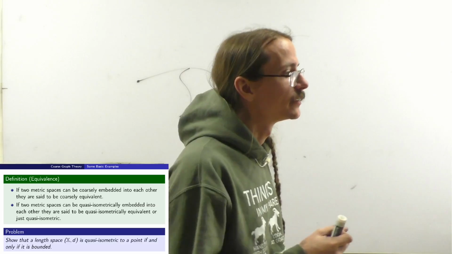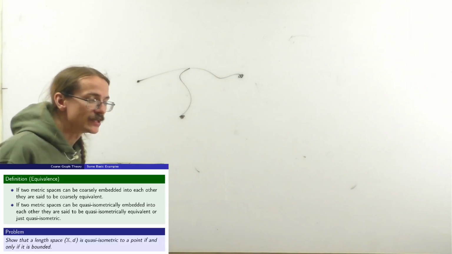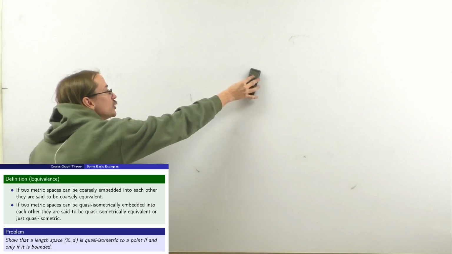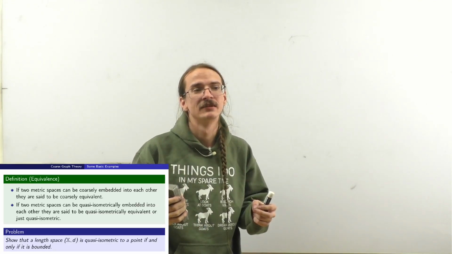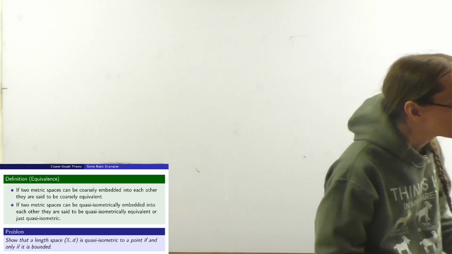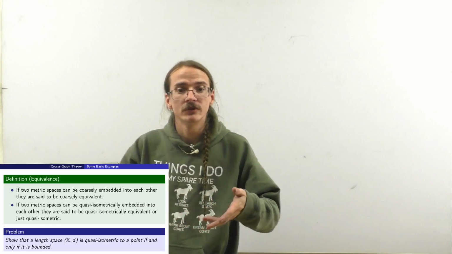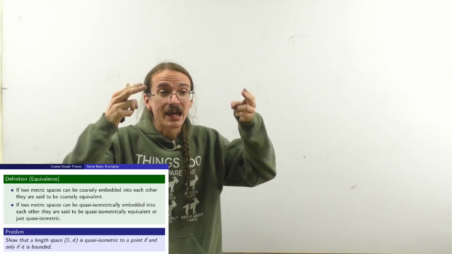Okay, we're back. Where were we? We were trying to take a length space and show that it is quasi-isometric to a point if and only if it is bounded. Before I launch into this, let's just take a moment to appreciate what that says. Something is quasi-isometric, which is from this point forward, that's what we're going to mean by exactly the same.